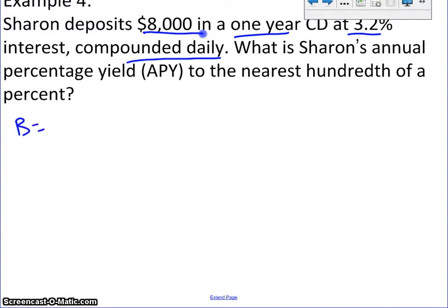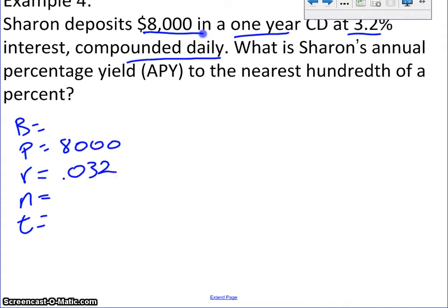Well, let's still go ahead and identify all of our values. I want us to get used to doing that at all times. So the principal is 8,000. The rate is 0.032 as a decimal. It's compounded daily, so that's 365. And it says that it was for an annual percentage yield, so the time in this case is 1.